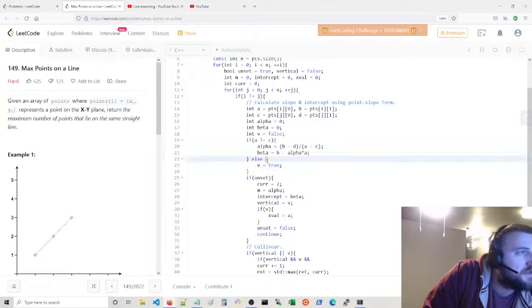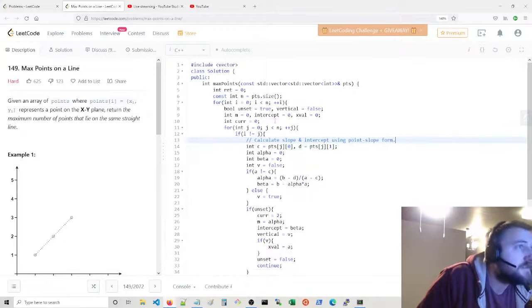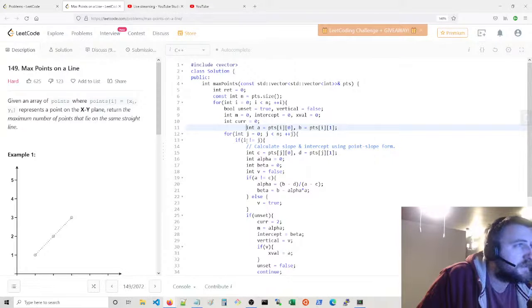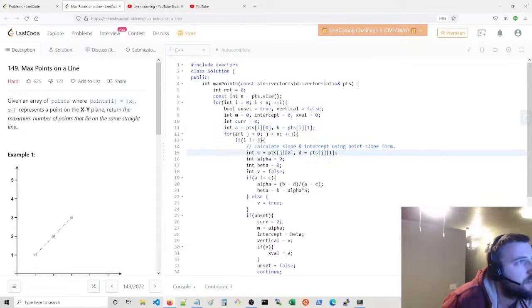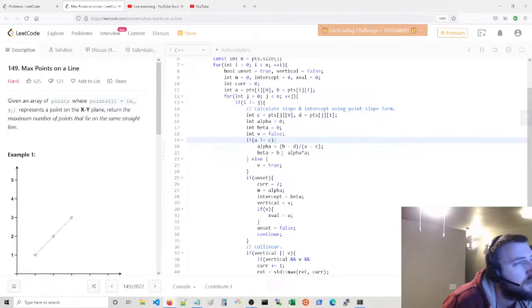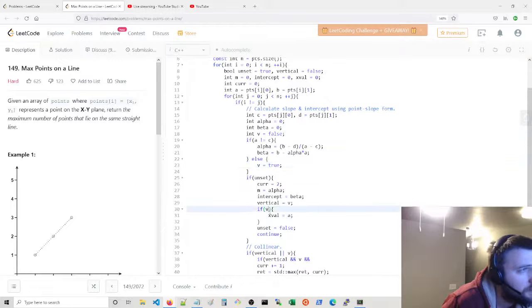V is true. This is actually the same for every value, by the way. For I, for j, this doesn't need to be modified multiple times. Yeah. So this is just C and D for j. Alpha, beta, vertical is true. You just have to check if it's vertical, then this vertical value is set to A. Doesn't really matter.